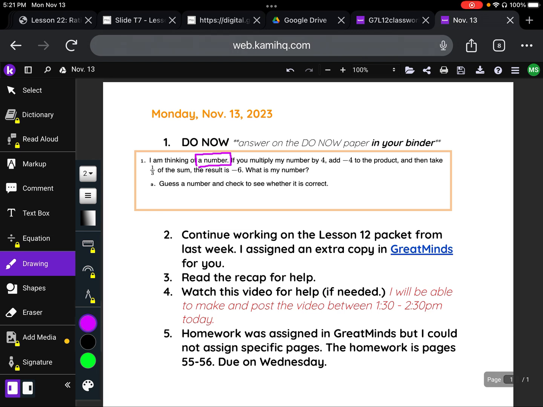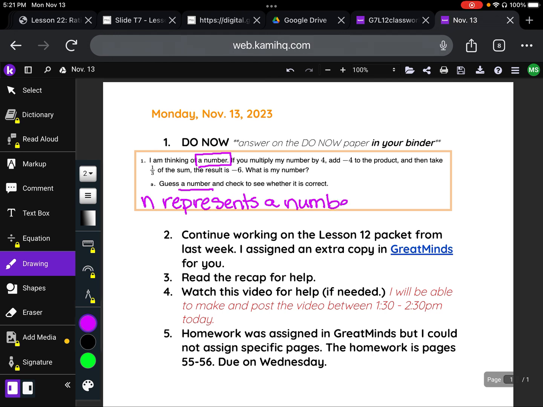I'm thinking of a number. Guess a number. That is what we don't know. So I started by saying, okay, let's define that variable. I'll pick the letter N. So I'm going to say N represents a number, right?